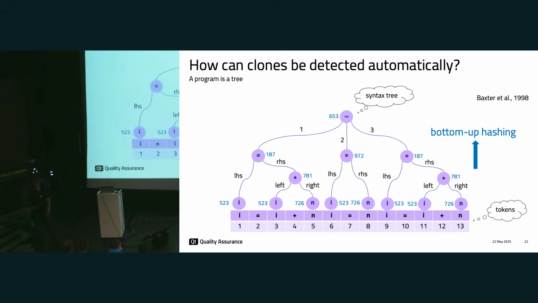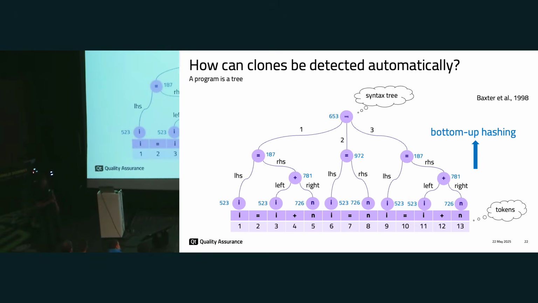And then I compute the hash value for inner nodes through bottom-up hashing, which would take the hash values of the children into account, somehow mix in the hash value of the syntax tree node itself, and combine it to compute another hash value.